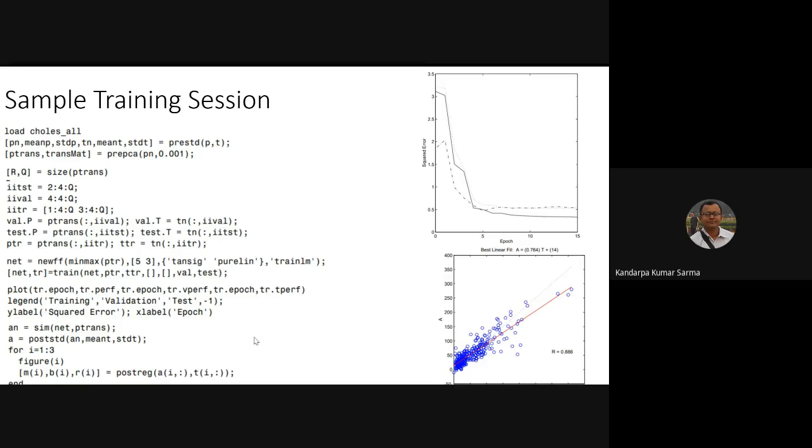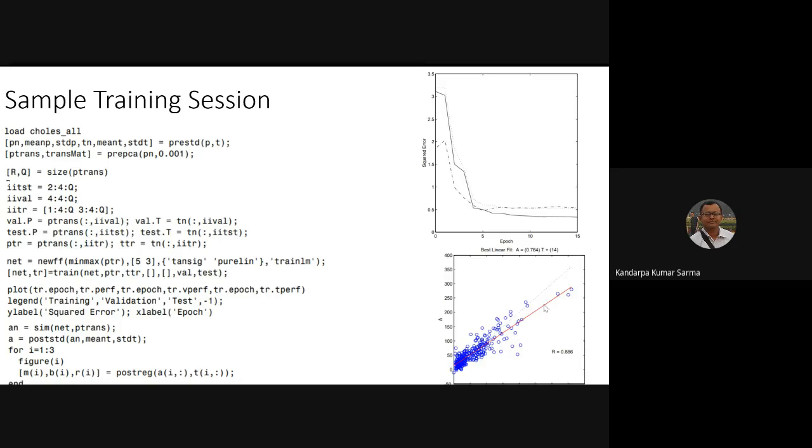Then we use the post STD. We have removed the standard deviation reinforcement part, as we have said beforehand, and then have generated the true representation of the values, and then we have plotted it.